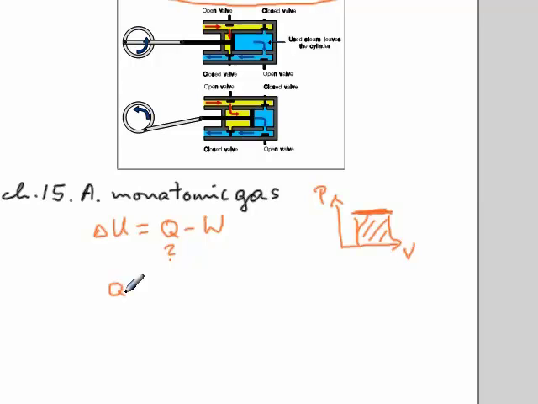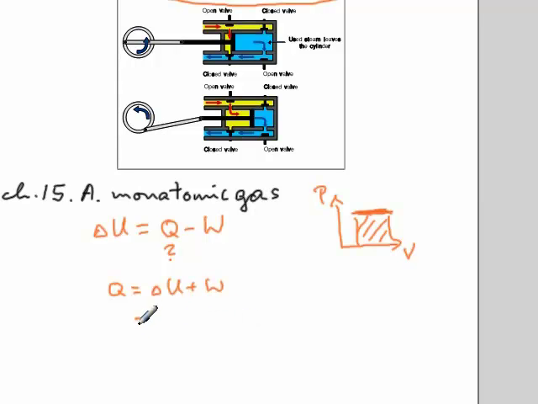So just one algebra step: Q equals delta U plus W. The plus sign doesn't mean anything because the delta U could be positive or negative, and the work could be positive or negative. This is just the algebra here.